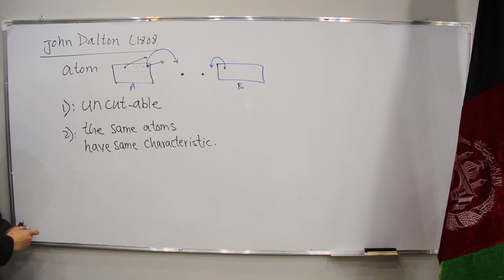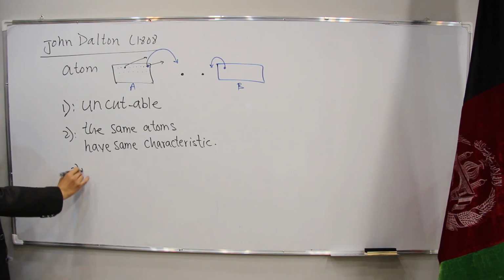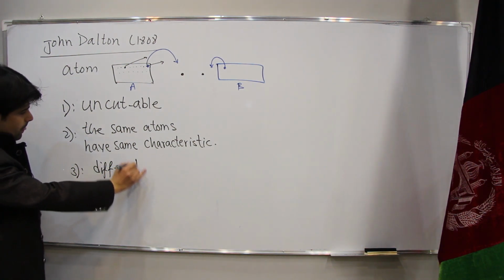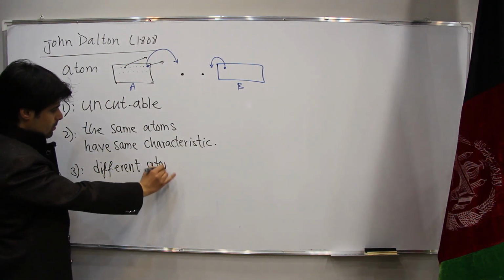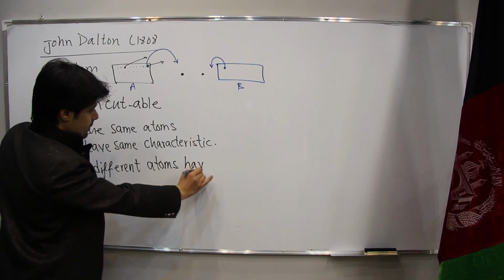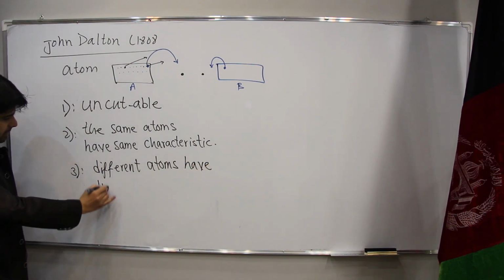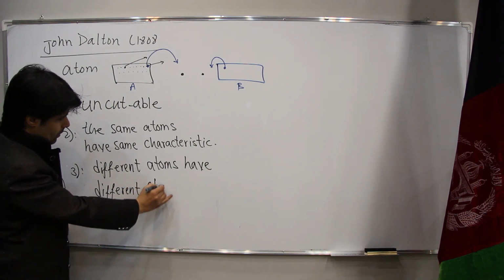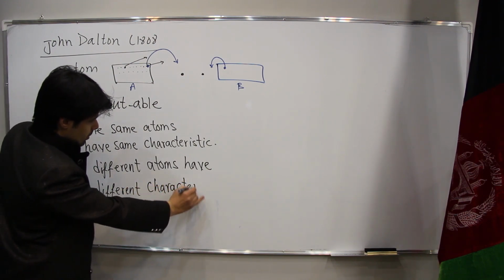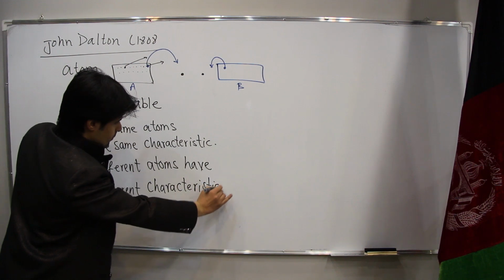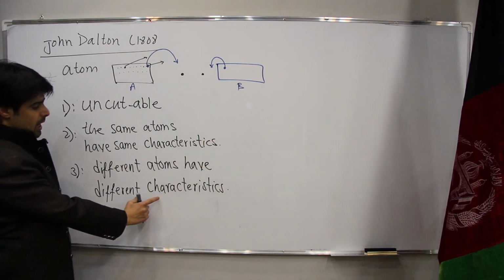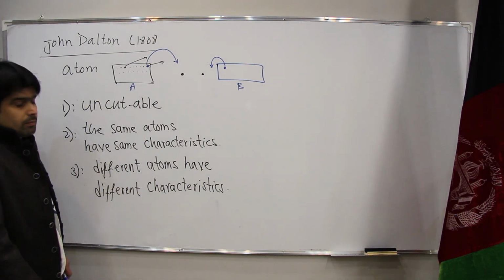He said that different atoms have different characteristics. It means they don't have the same characteristic.